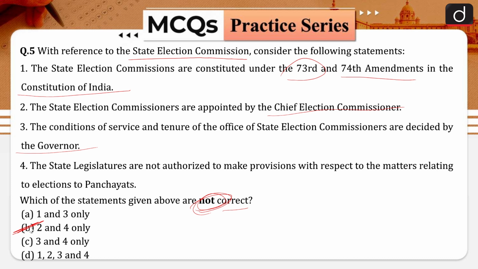So basically the Constitution of India provides that the state shall take steps to organize village panchayats and endow them with such powers and authority as may be necessary to enable them to function as units of local self-government.